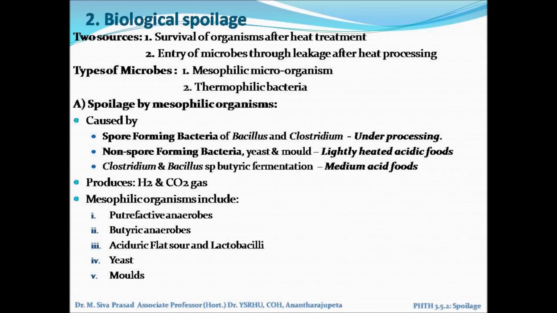So basically the mesophilic organisms cause spoilage either because of under processing, or because of thinking the food is acidic or medium acidic and reducing the processing temperature, which allows the entry of these mesophilic microbes. Once they cause spoilage of the food, these microbes produce gases like hydrogen and carbon dioxide.